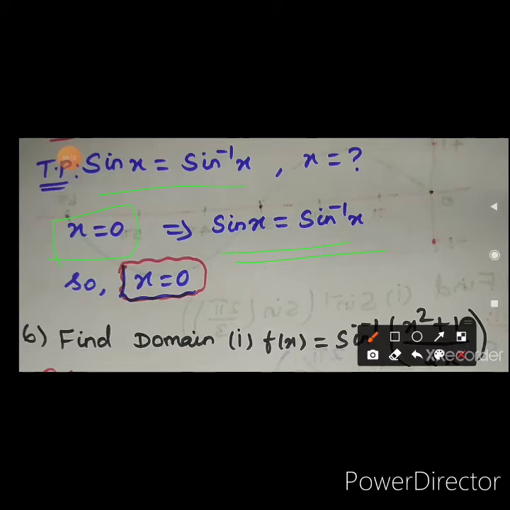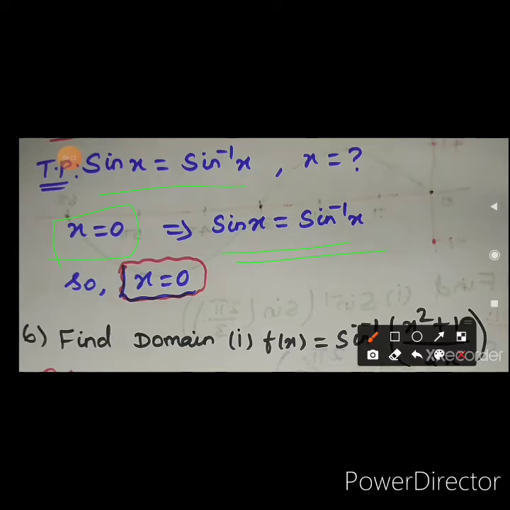First we have to check x is equal to 0 in star. Star is minus 1 less than or equal to (x square plus 1) by 2x. X equal to 0 means we are substituting x equal to 0: minus 1 less than or equal to (0 square plus 1) by 2 into 0. 1 by 0 is nothing but infinity.